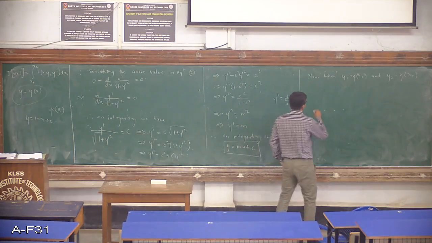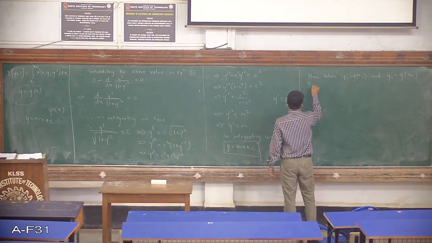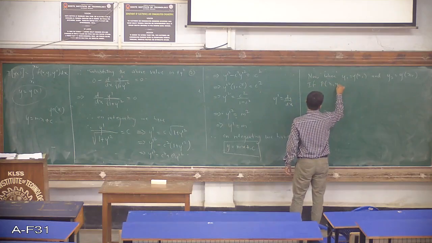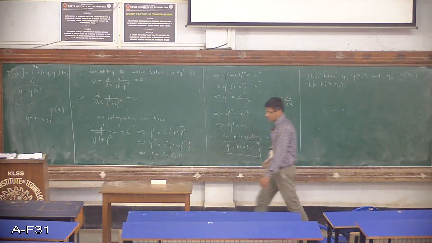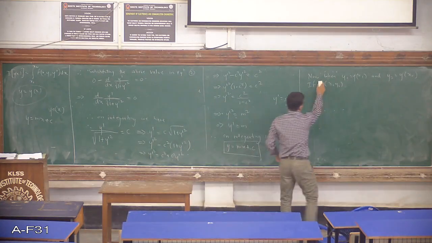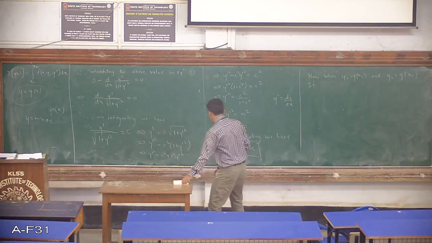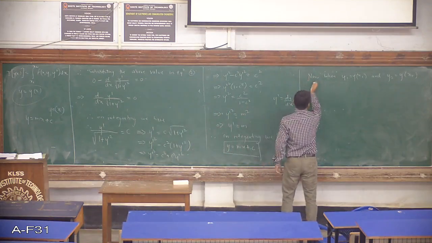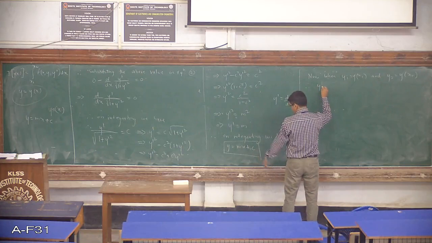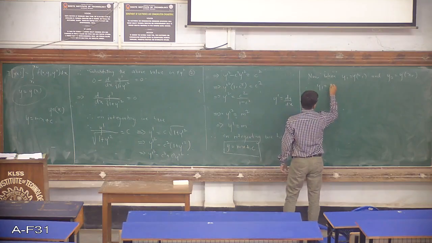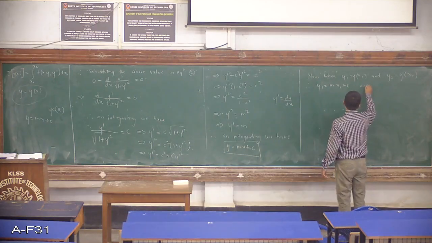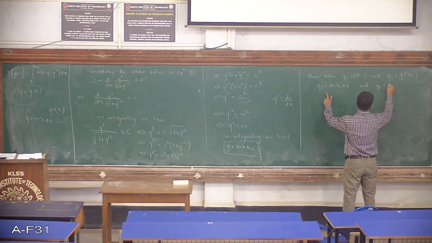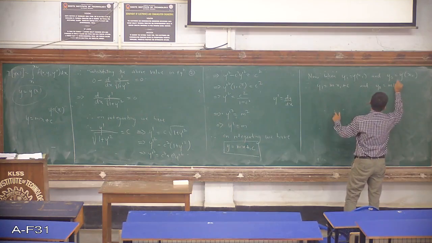If p is equal to x1, y1, so in the solution we have y1 is equal to mx1 plus c, and y2 is equal to mx2 plus c.